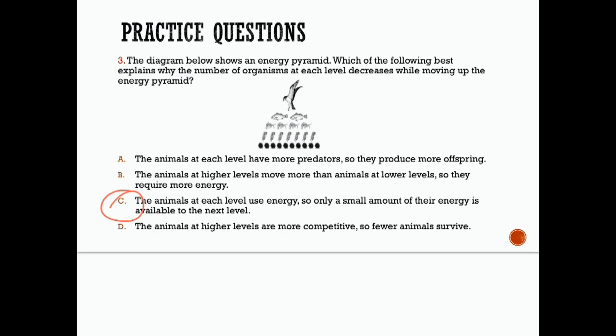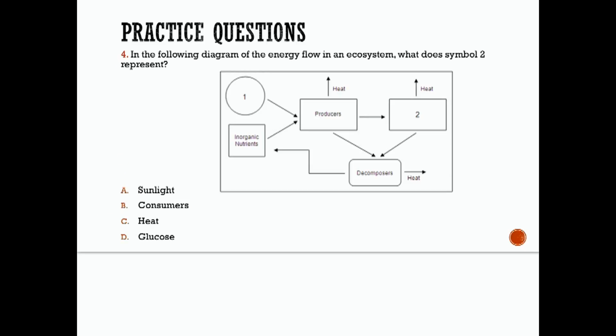Number 4, in the following diagram of the energy flow in an ecosystem, what does symbol 2 represent? So you might pause this and look at your answer choices. All right, in the energy flow diagram, symbol number 1 represents the sunlight, and symbol number 2 is going to represent consumers.